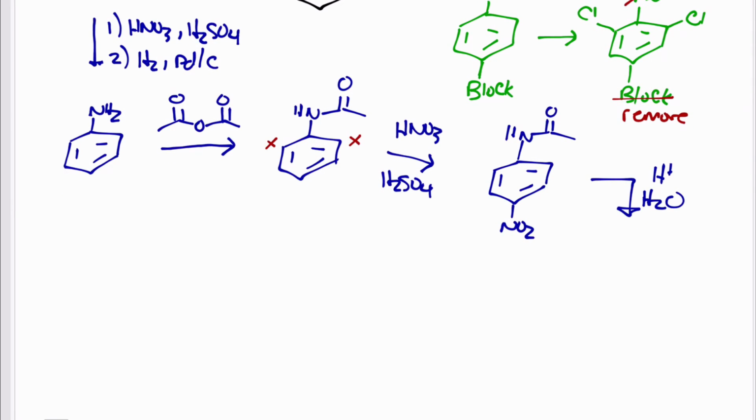And that will just give us back the amine. From here, we can chlorinate. And since we have this deactivating nitro group on the ring, let's go ahead and add our catalyst to help us out to make sure we can chlorinate both positions.